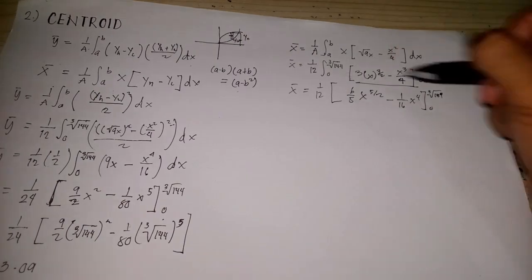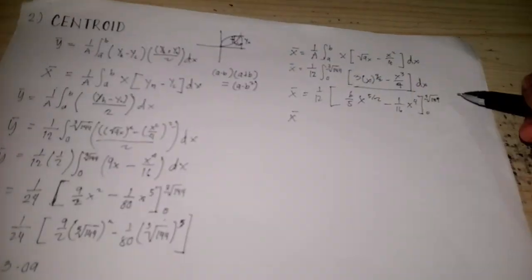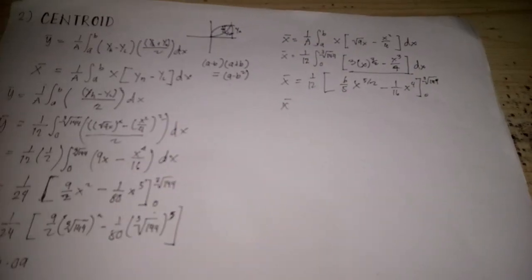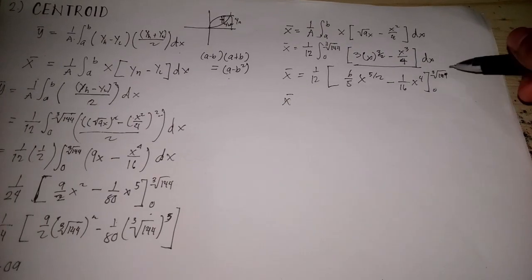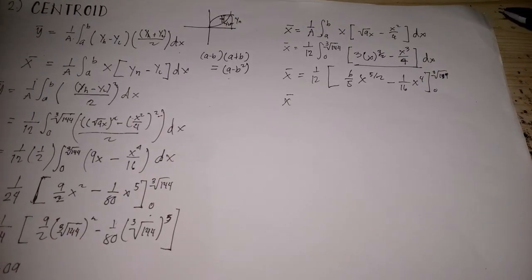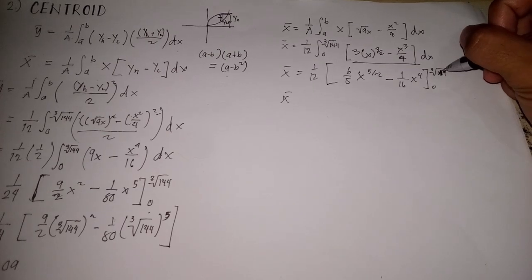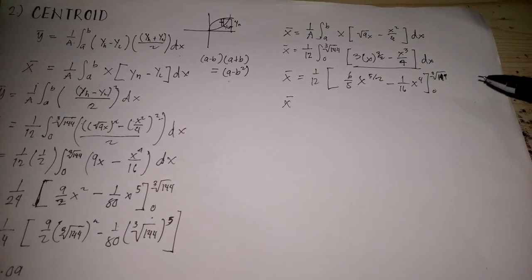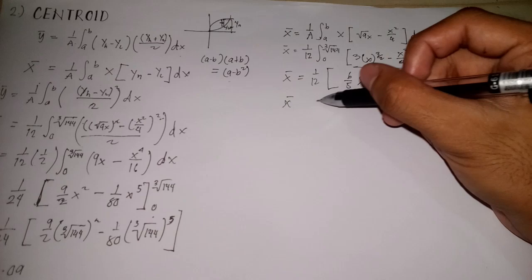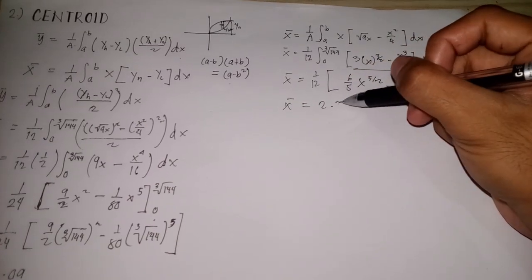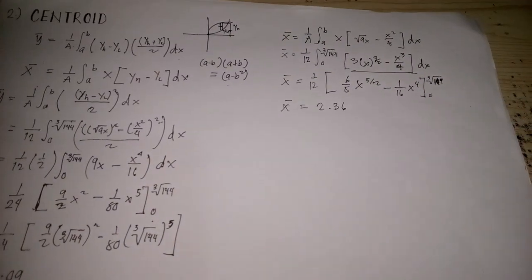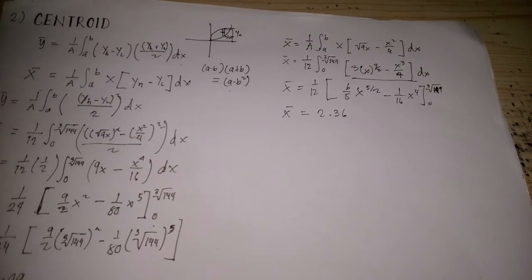So if we substitute the value of our limit to the x, then we will get, of course, 2.36. So just calculate it using your calculator.